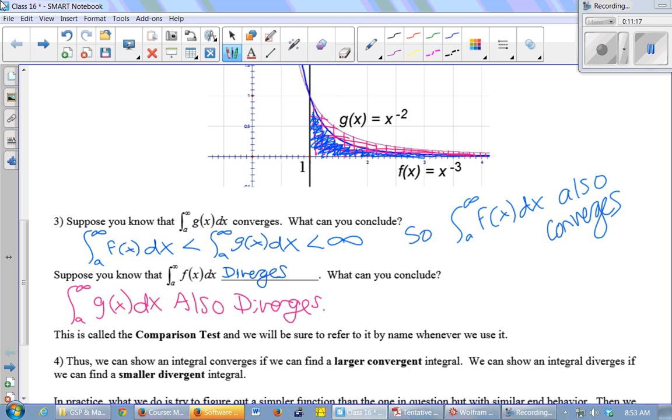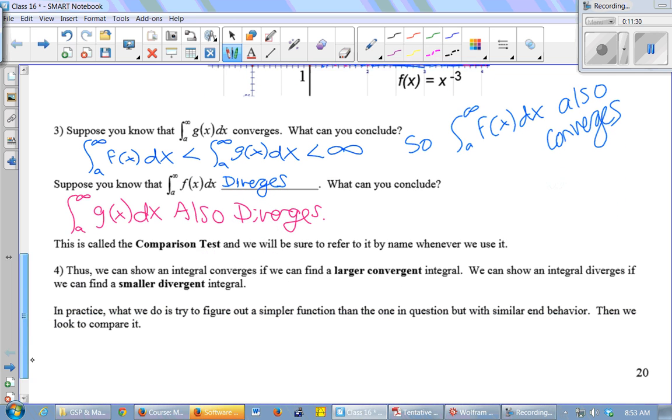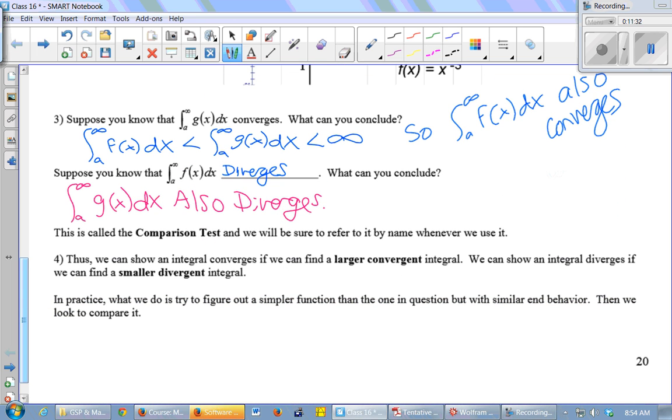So this is called the comparison test. You can take the integral you're interested in and compare it to another integral that you know converges or diverges. You can show an integral converges if you can find a larger integral that converges.